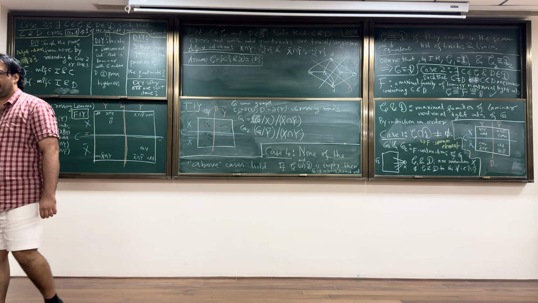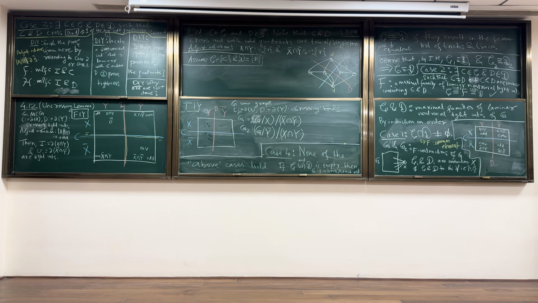Yeah? And I want you to think about what is the difference between these two graphs. And hopefully you made an example where they are actually non-isomorphic. Not only are the graphs non-isomorphic, the underlying simple graphs are also non-isomorphic. Right?